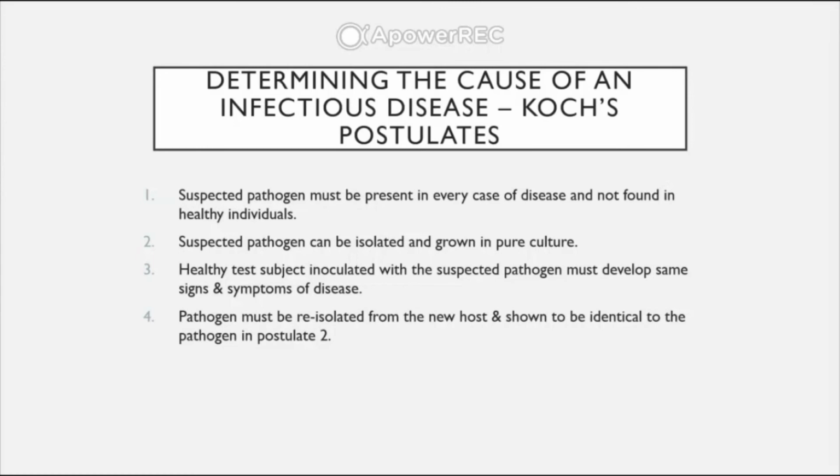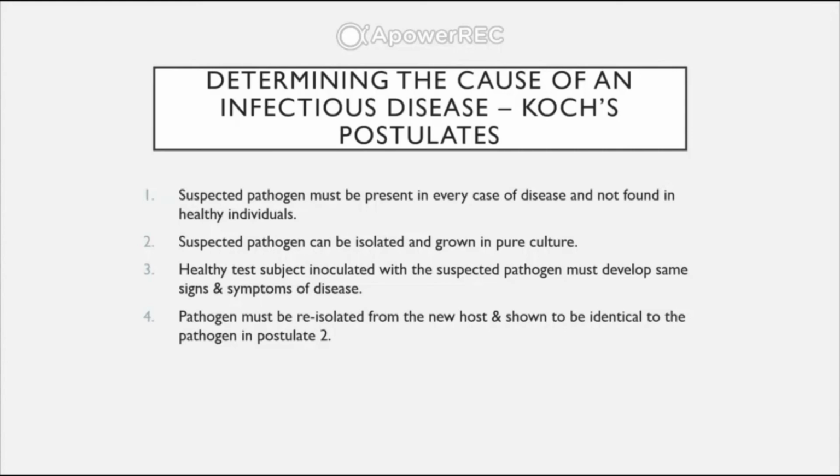Now, this is a very robust system for examining if a pathogen causes a disease. However, it's not always a possible way to explore a disease. First of all, in the first postulate, some people are asymptomatic carriers. So it might be that you can find this pathogen in healthy individuals.